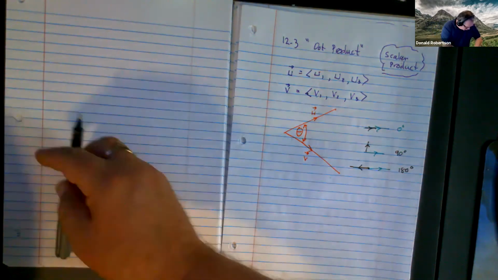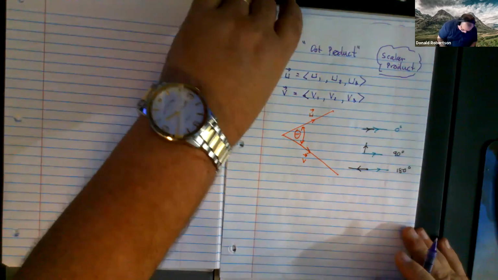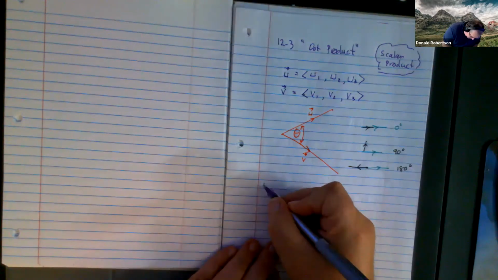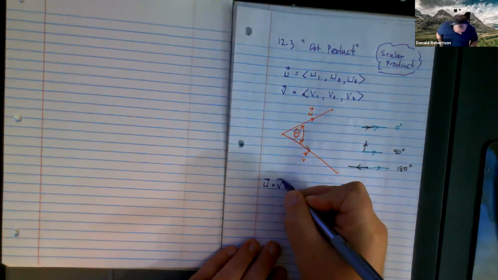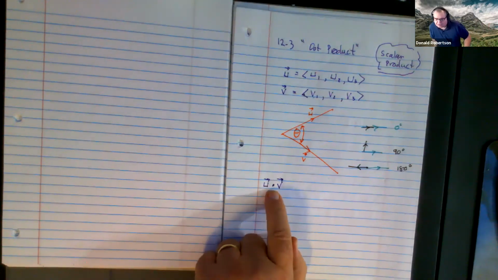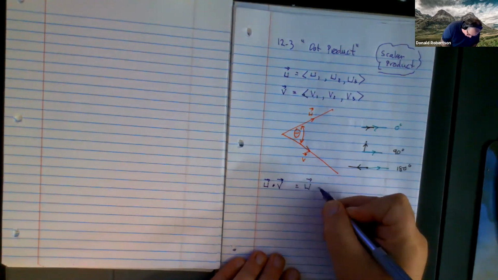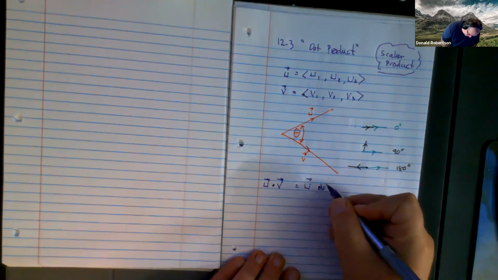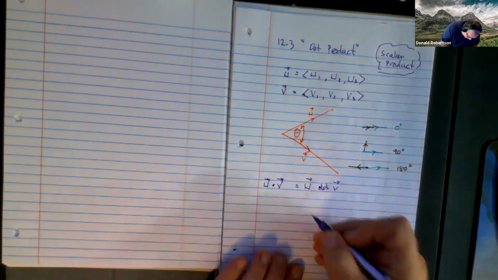So the way we are going to actually find this is using a thing called the dot product. Let me tell you how to calculate the dot product. I'm pretty sure it gets its name because it has a big dot in it. You read this out loud as U dot V. And it's a number.